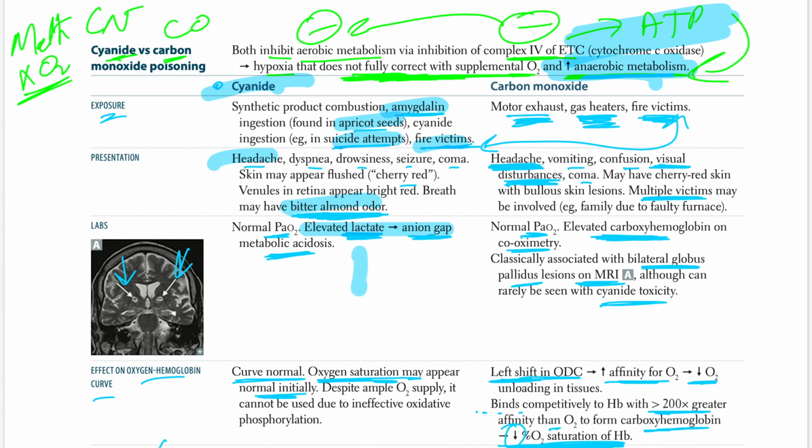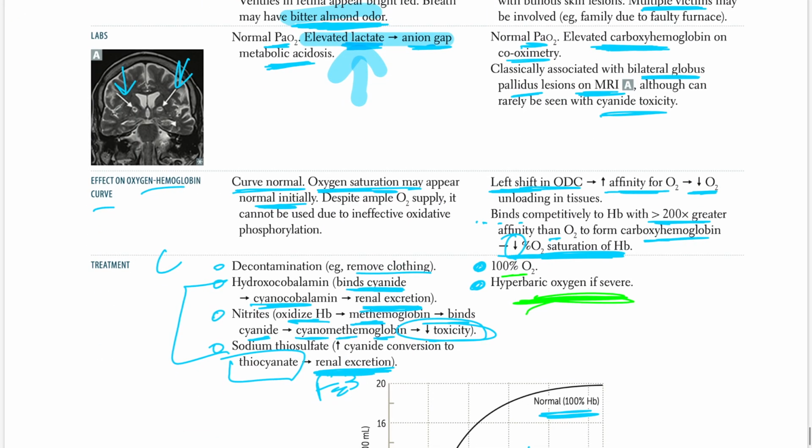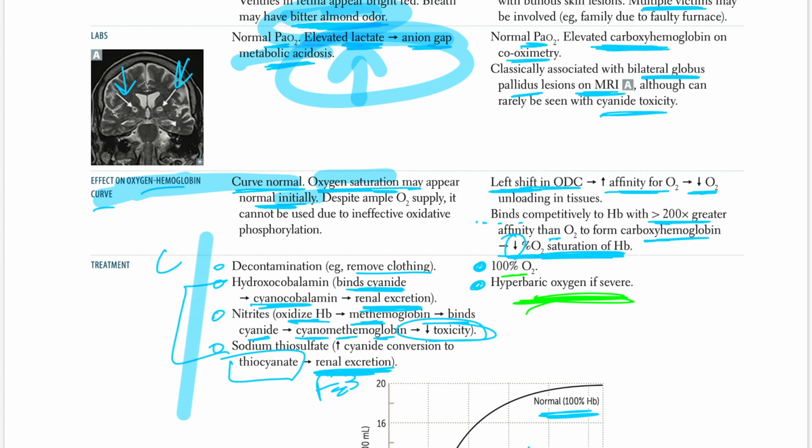Again, because of anaerobic metabolism, there's an increase in lactate, which would cause anion gap metabolic acidosis. The ODC curve is normal. Oxygen saturation is going to be normal only initially. So the only lab problem we are getting is elevated lactate with anion gap metabolic acidosis and bitter almond odor. Other than that, treatment is all here.